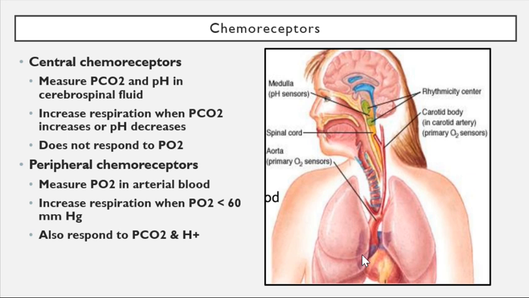There are central chemoreceptors and peripheral chemoreceptors, and what's great about these is that once they detect that there's something off, if you have too much oxygen or too much carbon dioxide, these are what regulate your respiratory effort. This happens a lot when people exercise, because you're using up the oxygen in your body as it goes into your tissues for muscle contraction.